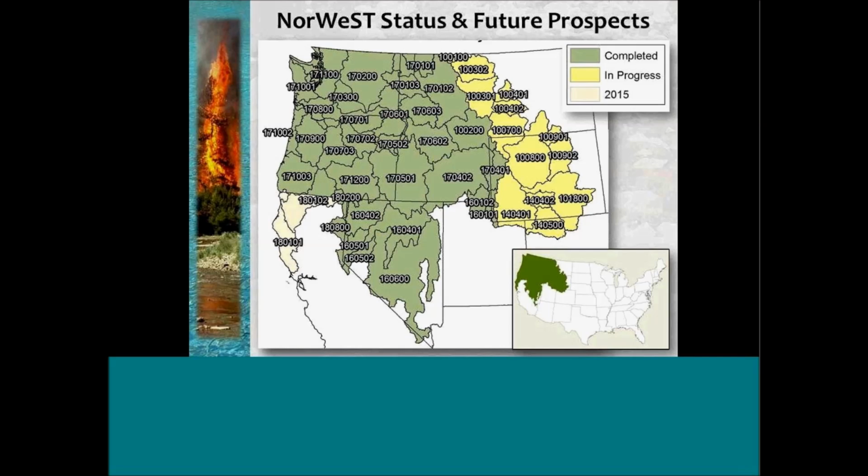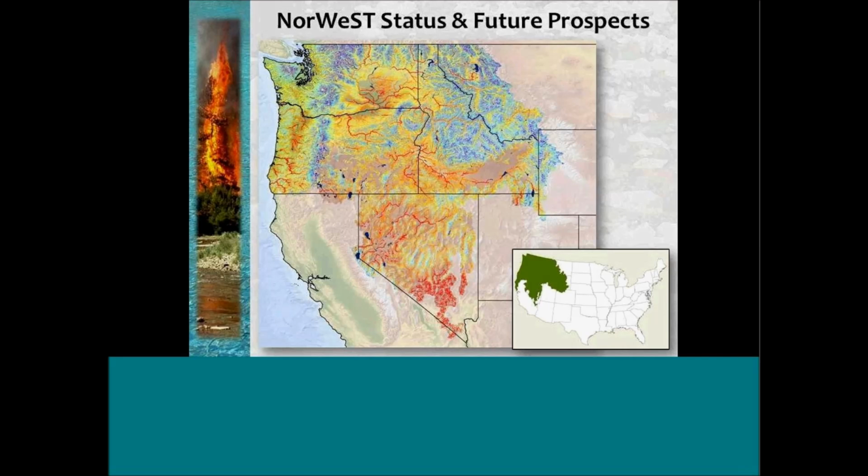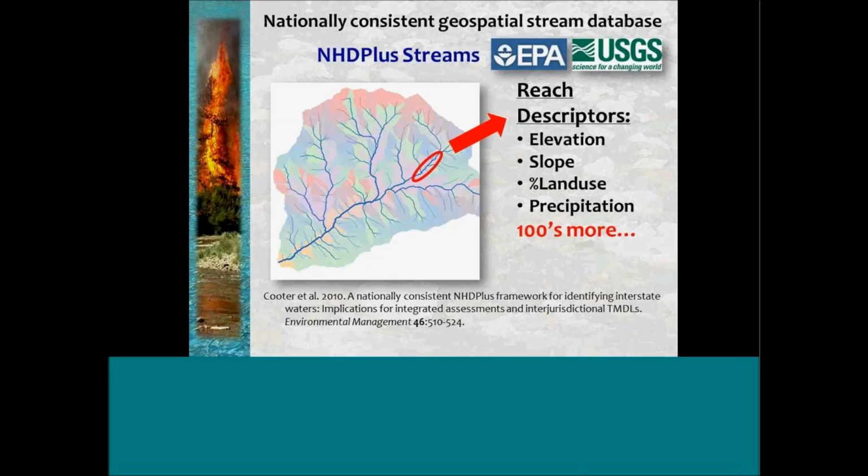And once that's done, probably in a few more months, then we'll flip back to the west side and do the last part of the North Pacific that goes down into California. Here's just a pretty thermal map of what that stream thermalscape looks like across the western United States where it's so far completed.